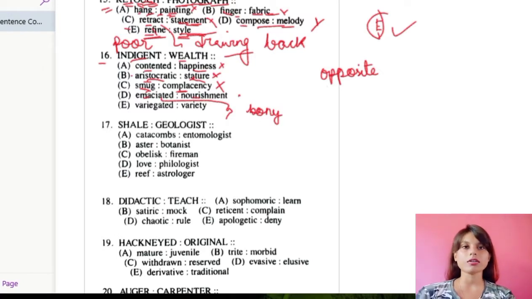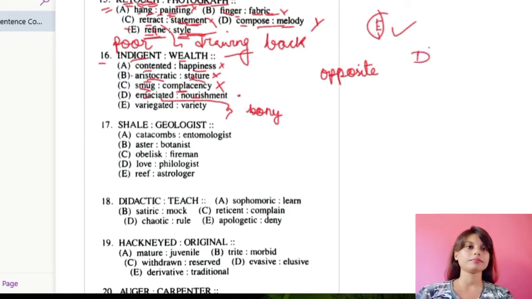So you can say these two words are kind of opposites to each other because one is talking about skeleton like, another is talking about all the healthy fats and all. So nourishment means all the required healthy nutrients. So these two are forming opposites, so we can consider number D to be the correct option for number 16.